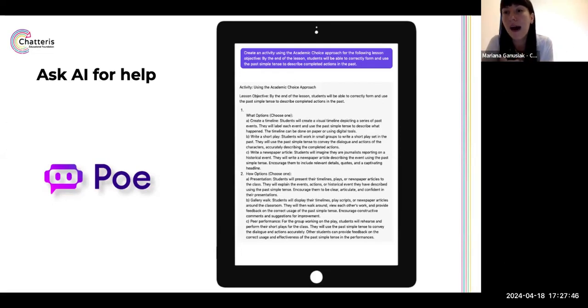You can also add that here as well. You can specify the proficiency of your students to make sure that the options the bot presents are actually applicable in your context. But some of these AI bots these days are excellent tools for brainstorming.